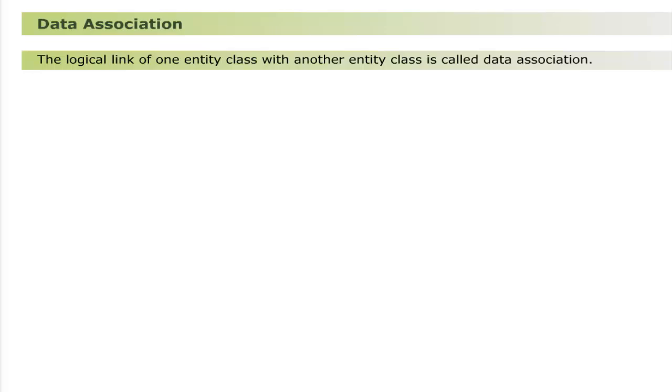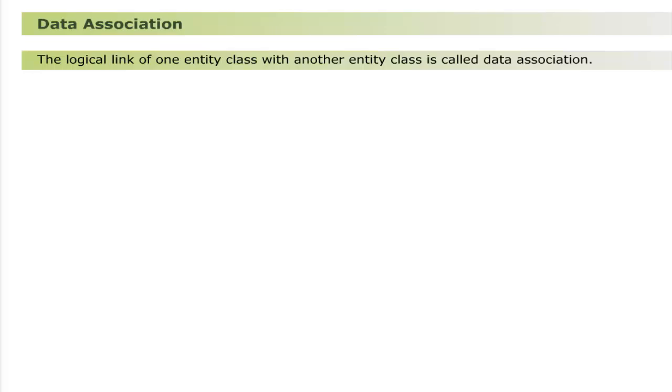Data association. Dear learners, as you know that every system is composed of entity classes which are not isolated from one another. Therefore, they interact with one another. This interaction builds useful systems in the real world. This logical link of one entity class with another entity class is called data association.